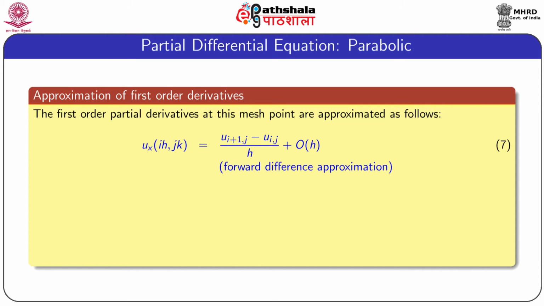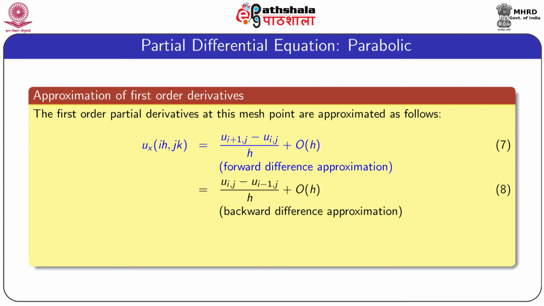So, this is the forward difference approximation. Note that the second subscript of u, which is j, remains unchanged, and the first subscript is changed because the partial derivative is taken with respect to x, that means with respect to the first variable. For this reason, the first subscript is changed and the second subscript remains unchanged.